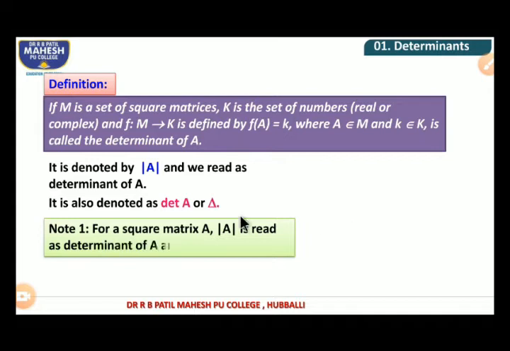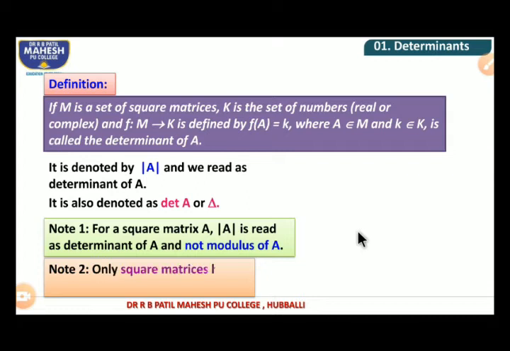Note 1: for a square matrix A, the determinant of A is read as determinant of A and not modulus of A. This is a very important note, students. Keep in mind, it is not modulus of A, it is just the determinant of A. The second point: only square matrices have a determinant.